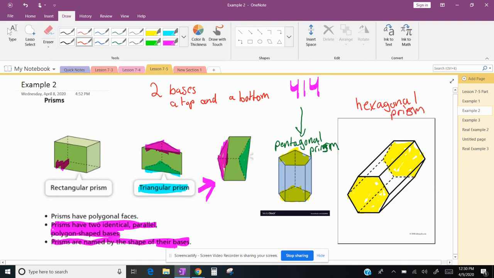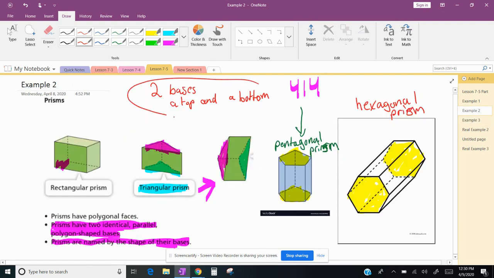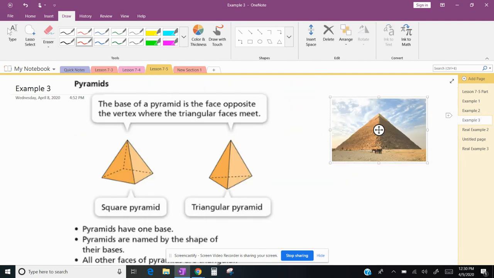Today we're going to be talking about prisms and something else called pyramids. Okay? Prisms, 2 bases. Pyramids, though, are a little bit different. Pyramids only have 1 base. And on the opposite side of that base, there's a vertex where the triangle faces meet.